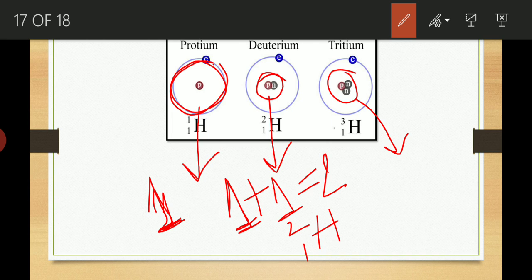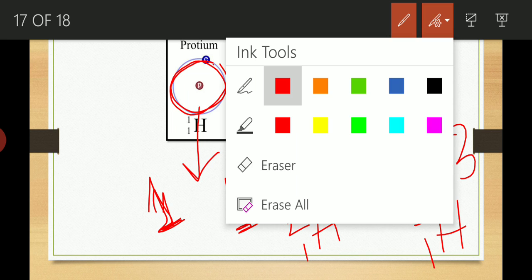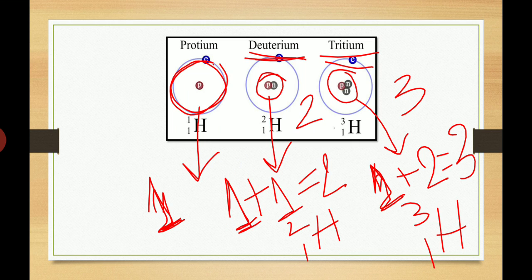Next is tritium. Here, 2 extra neutrons are present. 1 plus 2, 3. Overall 3 neutrons are present. Here, du means 2 and tri means 3. So these are the isotopes of hydrogen. First is the normal hydrogen having only 1 neutron.